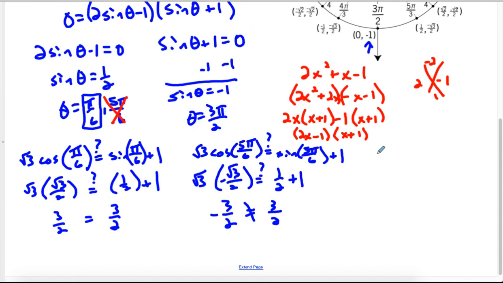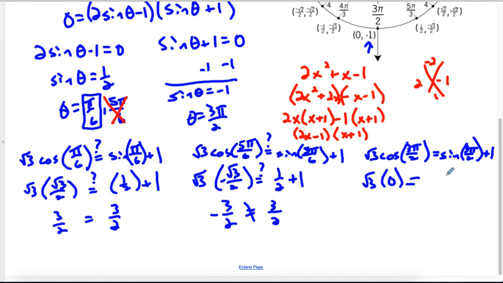Then let's check 3 pi over 2. So again, same thing. Square root of 3 times the cosine of 3 pi over 2. And we want to see if that equals the sine of 3 pi over 2 plus 1. So the cosine of 3 pi over 2 is 0.